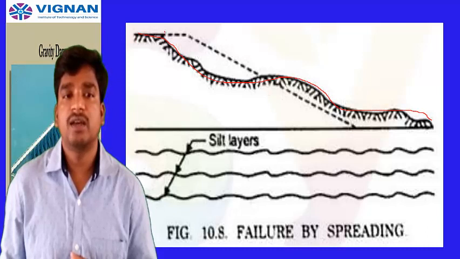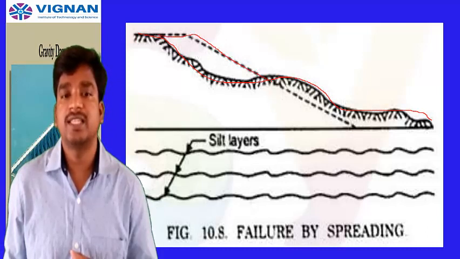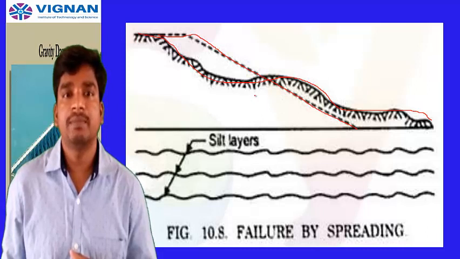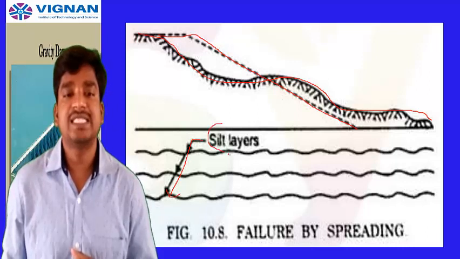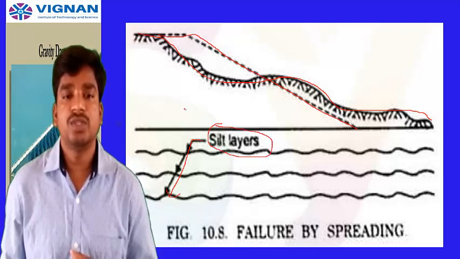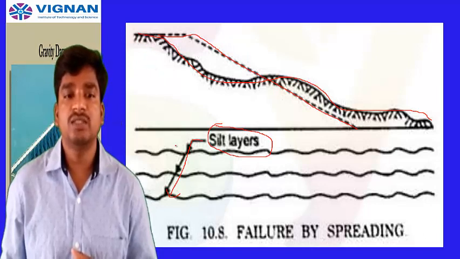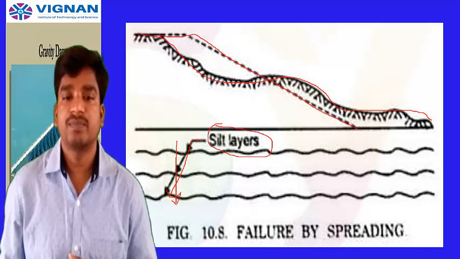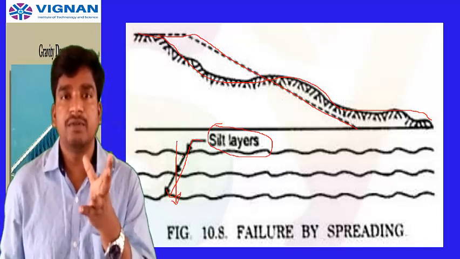We are planning to construct our earth dam like this. This portion is to be cut and this portion is to be filled. Now below the foundation, you can see there are different types of soft soil layers. Here it is showing silt layers. After the completion of the dam, whenever the pressure or the load increases, these layers will settle down. That means these will spread.